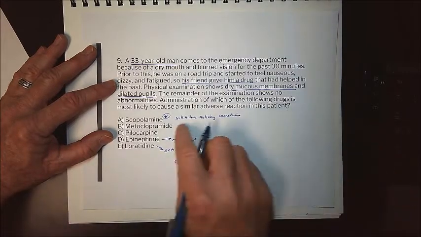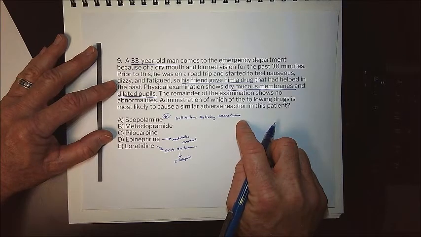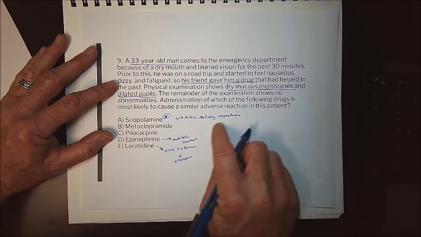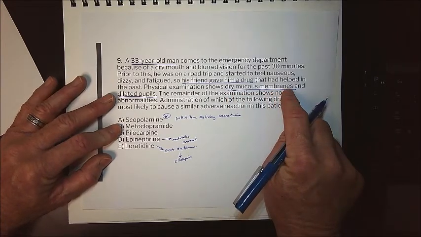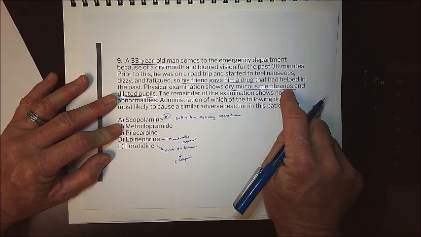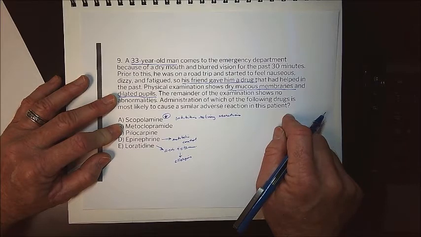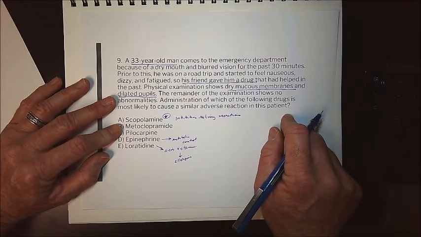So this is blocking that parasympathetic response on the M3 receptors that increase the flow of salivary ions and salivary water. This is one of the side effects. It also dilates the pupils, but it does help with the nausea and dizziness.